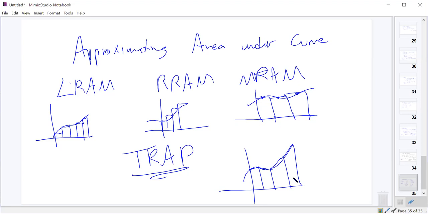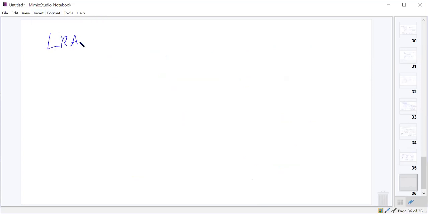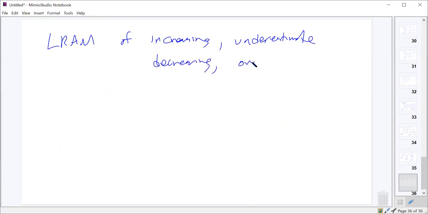Things to note: a left rectangular approximation, if your function is an increasing function, will be an underestimate, and you can always sketch it out to see. The left rectangular approximation of a decreasing function will always be an overestimate.